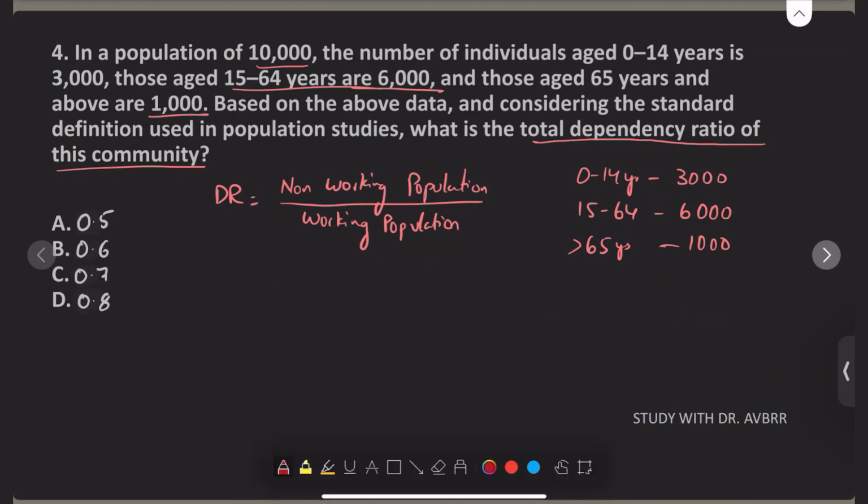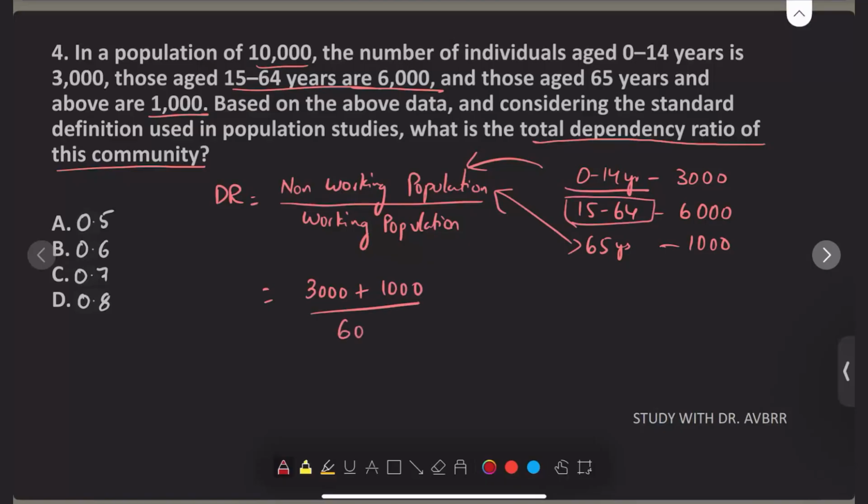So 0 to 14 obviously they don't work, so they don't come under working population. They go under non-working population. And again, 65 years and above, this age group also goes under non-working population. So here 3000 plus 1000 by, the only working population is the 15 to 64 age group.